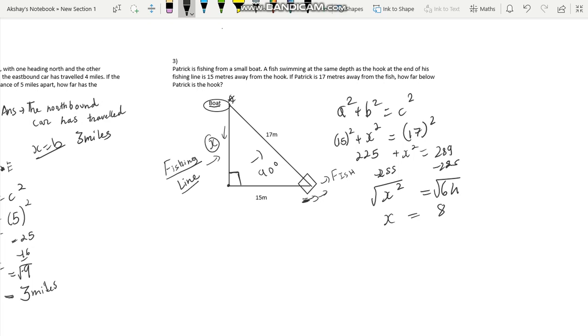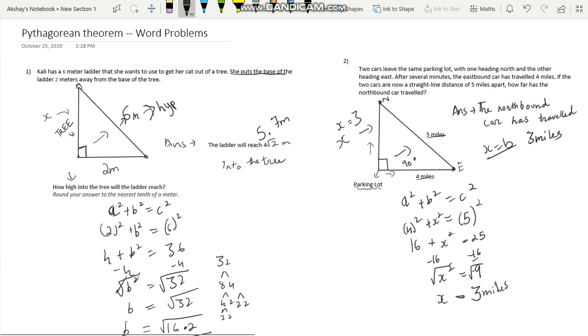So we now know that the hook is 8 meters below Patrick. Patrick is the guy in the boat trying to fish. Alright, so that was the Pythagorean theorem word problems. We went over some examples. Hope you guys learned something.